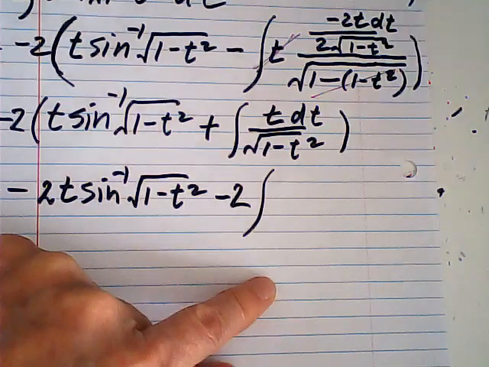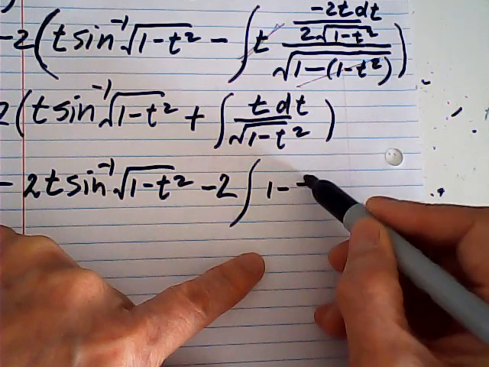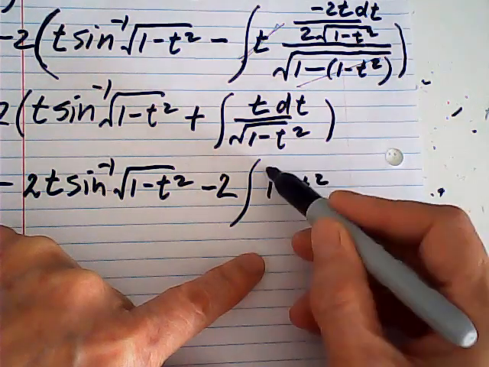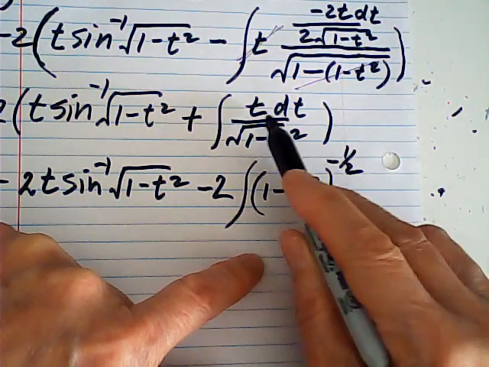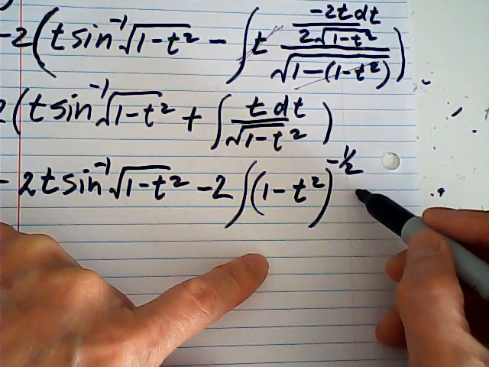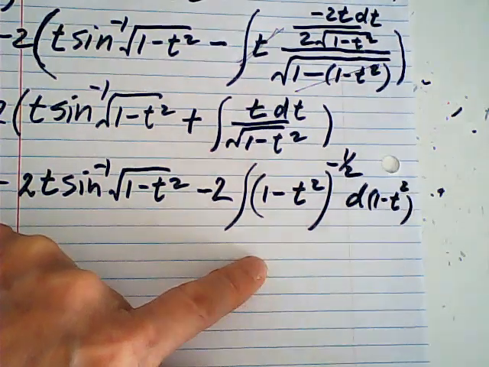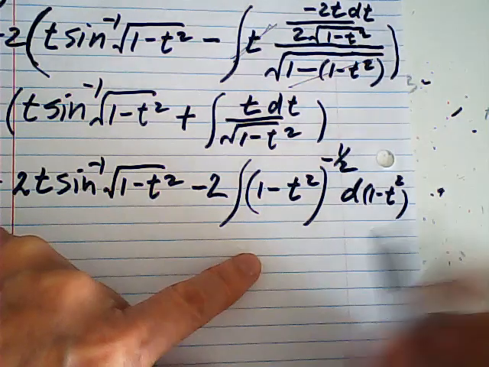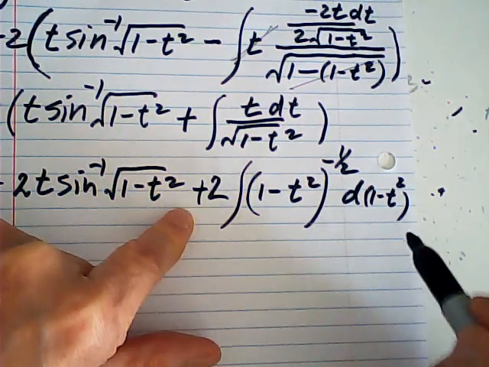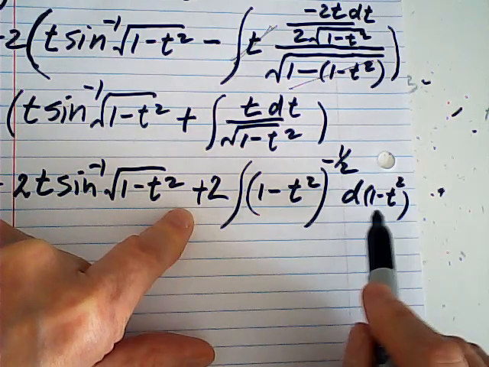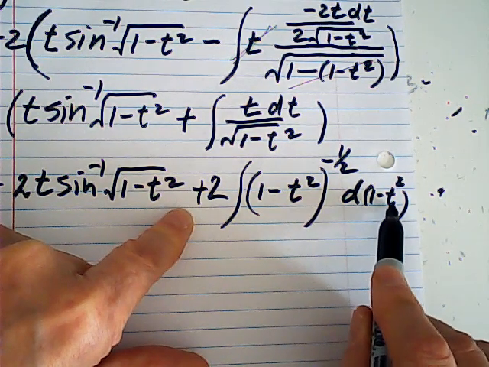Now this integral, I'm using 1 minus t squared to the negative half, right? dt is the derivative of 1 minus t squared. This will be negative. Negative becomes positive, right? Here, and you have a negative 2t.